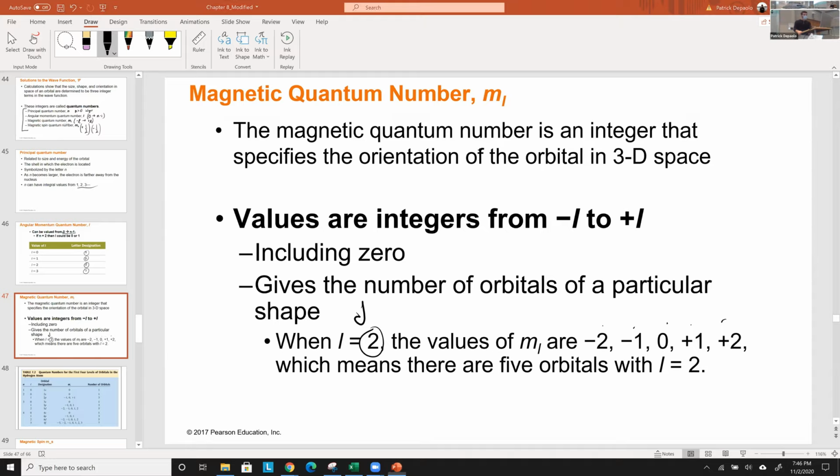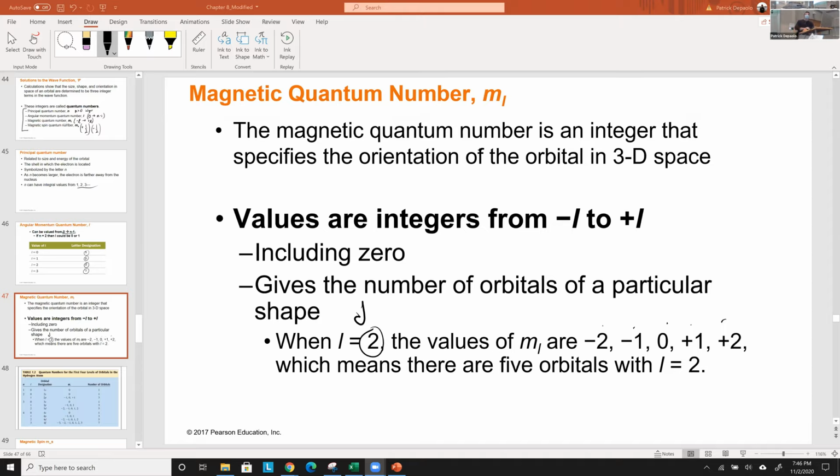Good job, online. Good job, Nick. So if it's the d orbital, I can have these 5 possible ML values. That means in the d orbital, there are 5 possible subshells that I can be in: subshell negative 2, subshell negative 1, 0, 1, or 2.